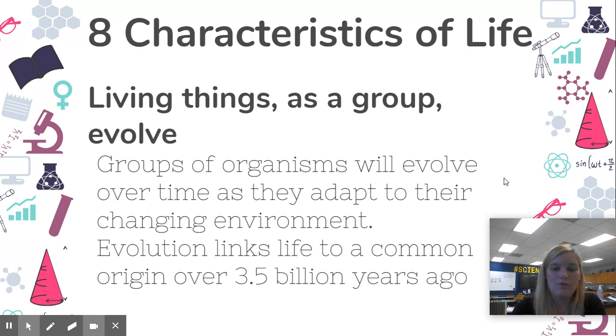And so over the 3.5 billion years that the earth has been inhabited by living creatures, we have evolved and we have changed as groups of living creatures. Now, they do say that evolution, which we'll talk about in the spring, is going to link all life to a common singular origin about 3.5 billion years ago.